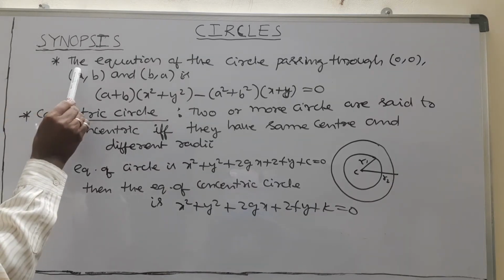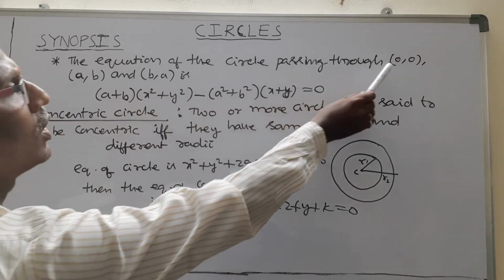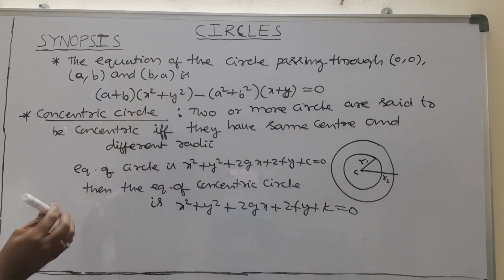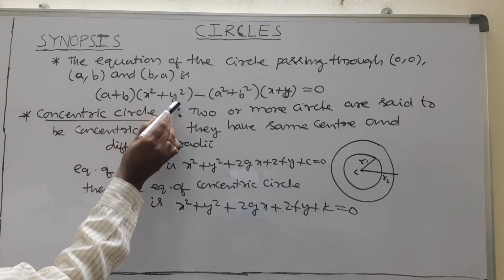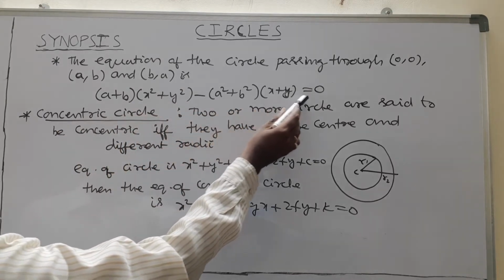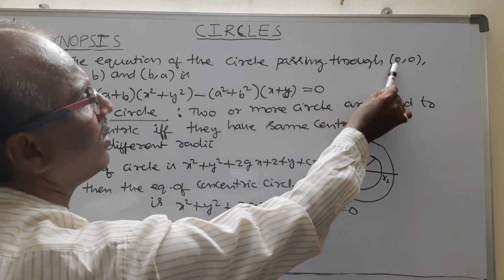Next one, the equation of the circle passing through (0, 0), (a, b) and (b, a) is (a + b)(x² + y²) − (a² + b²)(x + y) = 0. Here, observe the points: this is the origin point.